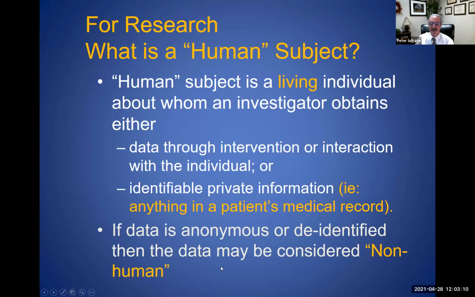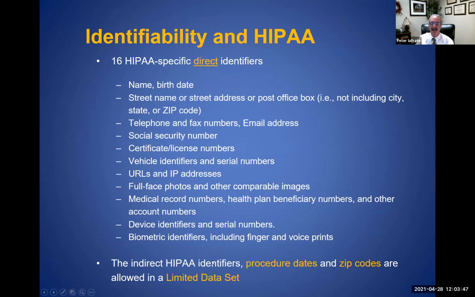However, if the data you're doing your research on is anonymous or has been de-identified, it may be considered non-human research. The human definition is what's up above, so it's not that it didn't come from a human, but it's not the research definition of human. If it is anonymous, nobody knows who the data belongs to.